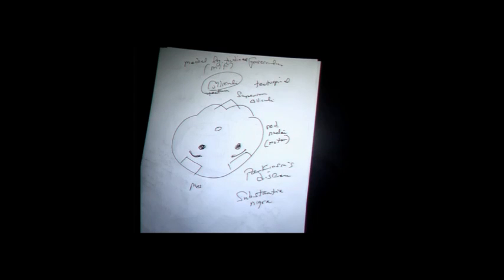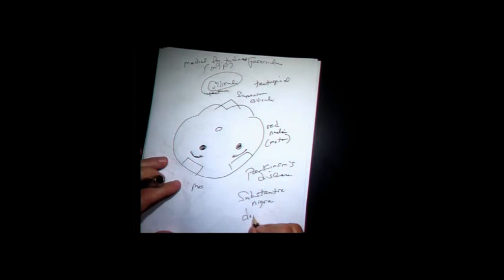Anybody know what that neurotransmitter is? Dopamine. The byproduct of the manufacture of dopamine is melanin. And so you have deposits of melanin, and it is black.